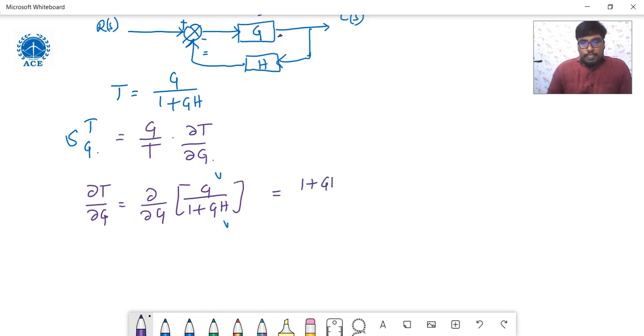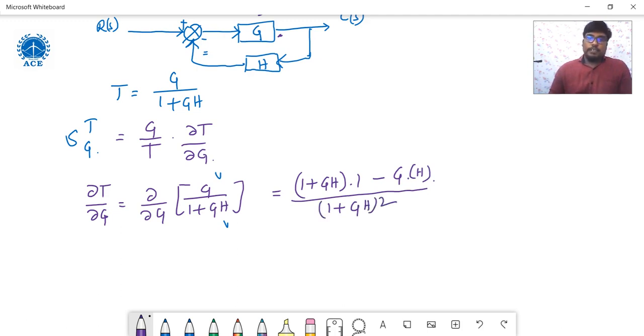1 plus GH into 1, partial derivative with respect to G is 1, minus, so what is the next term? G into, so the total term with respect to G is H, right, divided by V square, that is nothing but 1 by GH whole square, right?